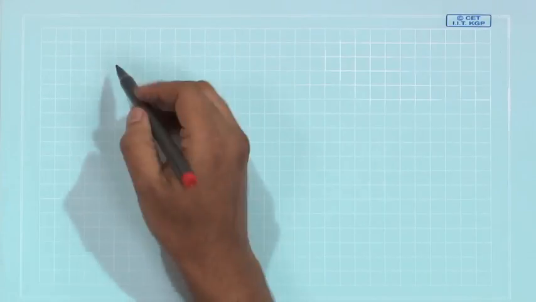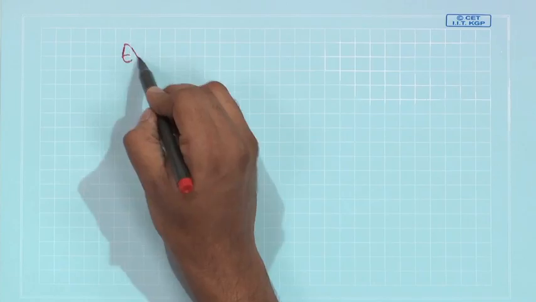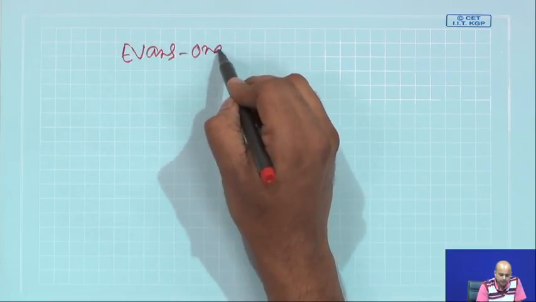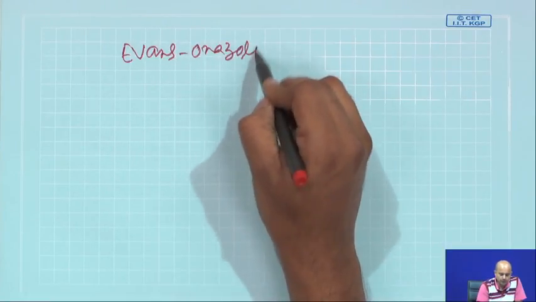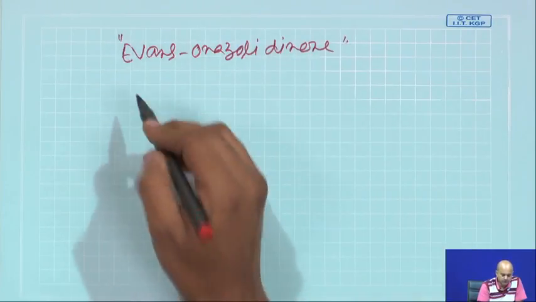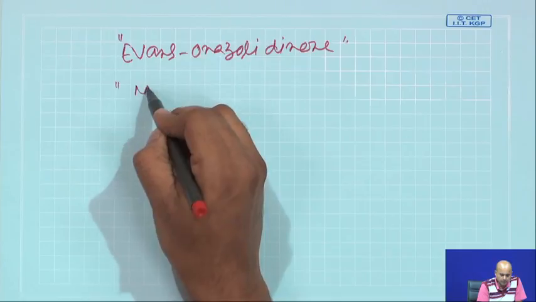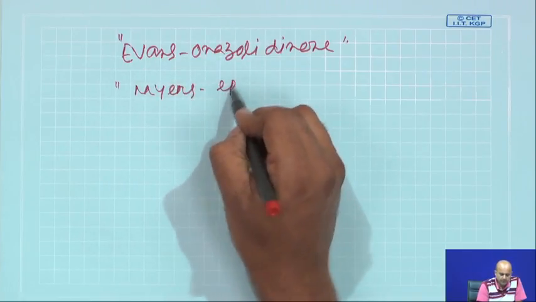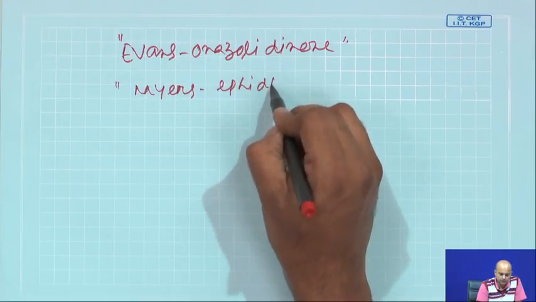Now, similar kind of auxiliaries are very well known in the literature, we are not talking about them, but I am just giving you a couple of names. Evans oxazolidinone we have just discussed. There are reports which are named as Myers ephedrine or pseudoephedrine based auxiliaries.